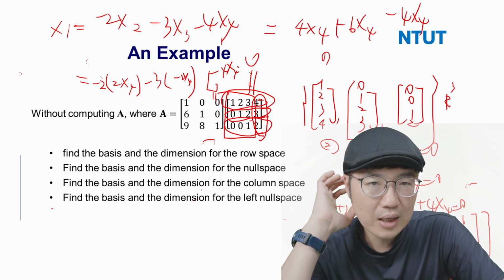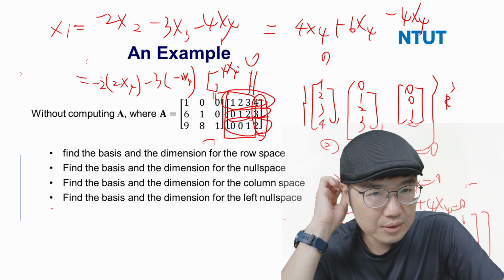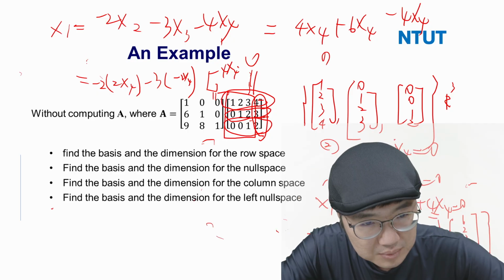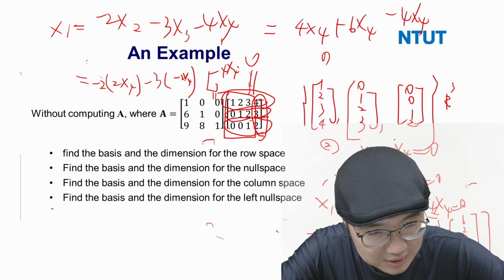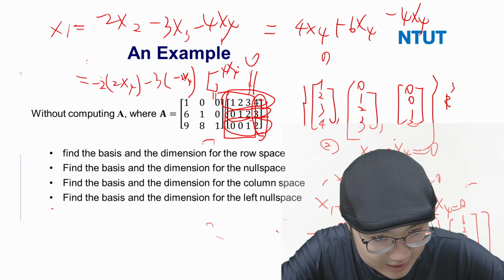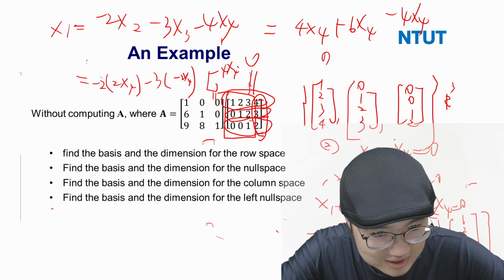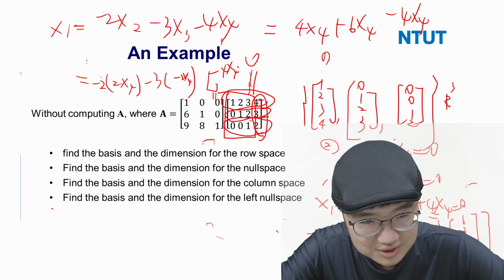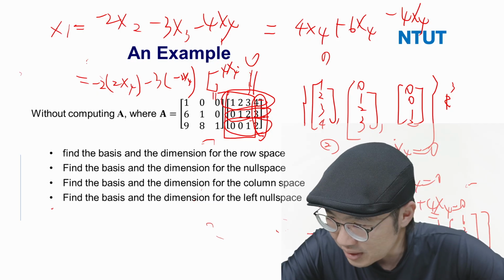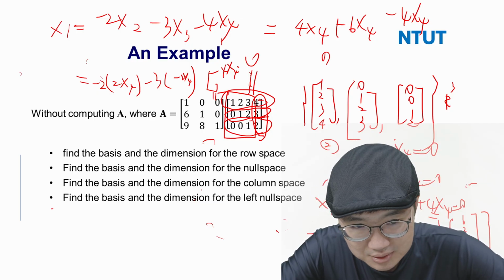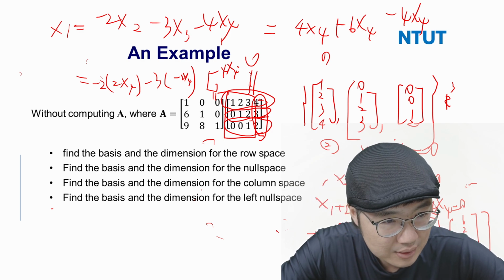Okay, so the next one will be a computational error found from verification, and this is why the verification is so useful. It should be minus 1, minus 2, and 1.